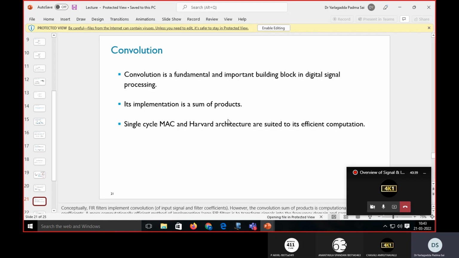Here you can execute in parallel, with separate program memory and separate data memory, so you can fetch from program memory and store in data memory in parallel.